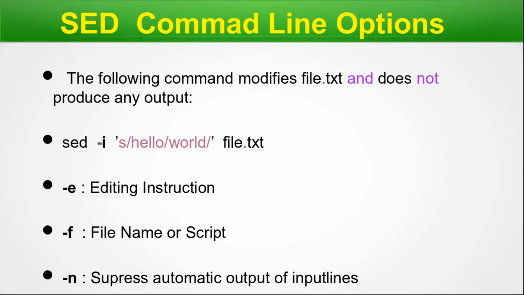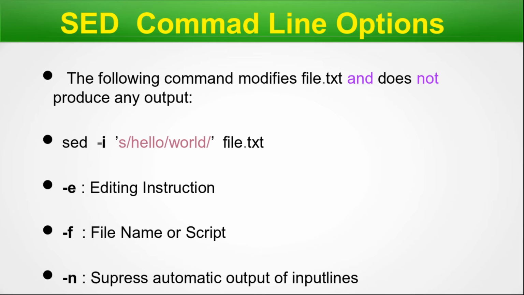As I said in the previous slide, whatever operation sed does, it echoes to the screen, but in case we need to stop the echoing, we can use -n. So these are the basic command line options of sed that we can use.